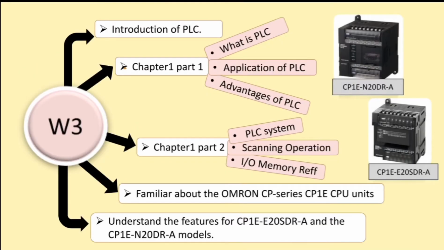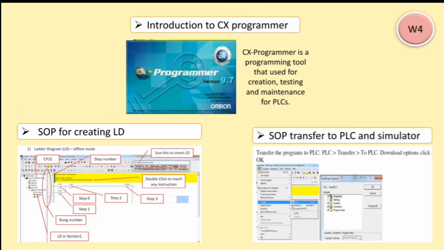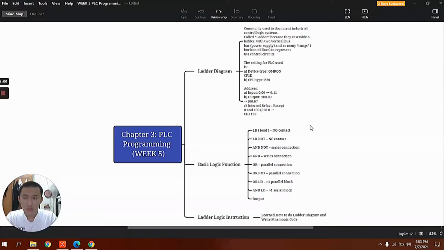We are also familiar with the Omron CP series CP1E CPU units and understand the features of the CP1E E20SDR-A, which is the basic model, and the CP1E N20DR-A, which is the normal application model. In week 4, we were exposed to CX-Programmer. It is a programmer tool that we use for creating, testing, and maintaining our PLC, and the SOP for creating ladder diagrams, and also the SOP for transferring to PLC and simulator.